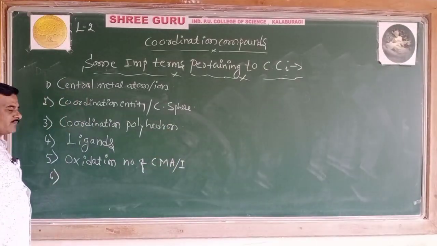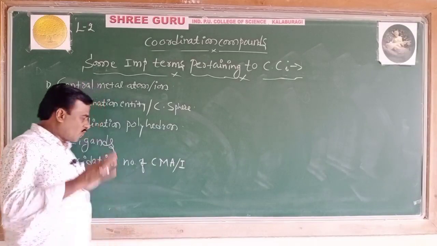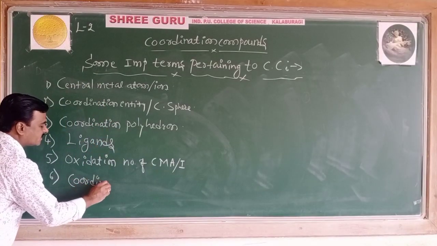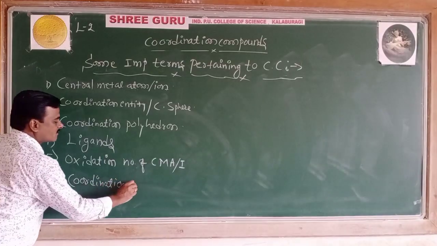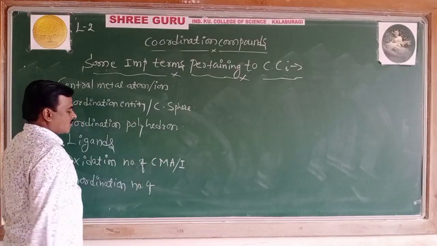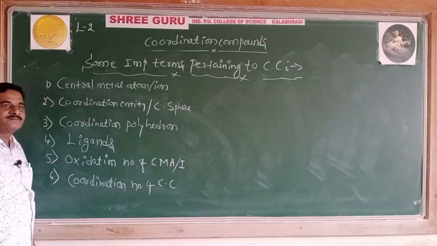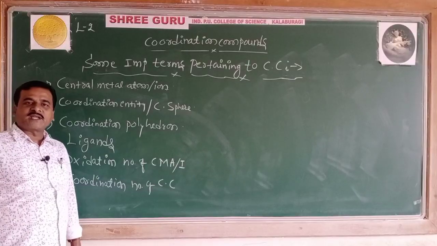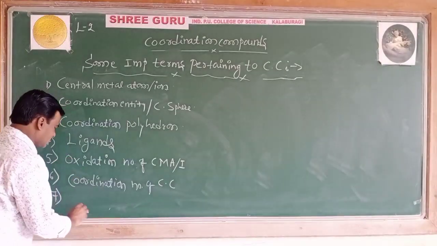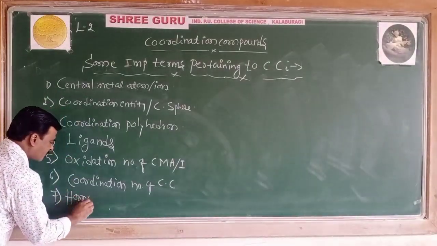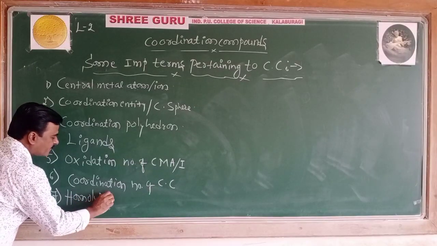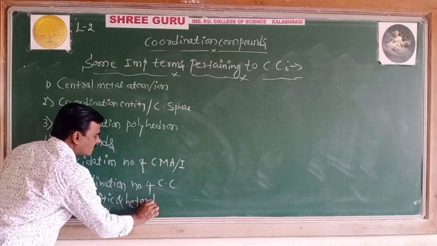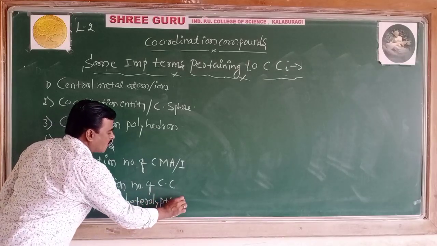Sixth one is the coordination number of the complex compound. Seventh one is homoleptic and heteroleptic complexes.